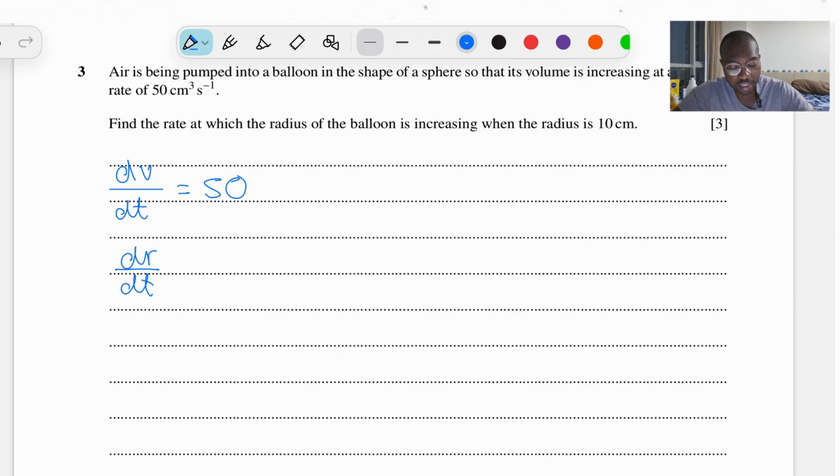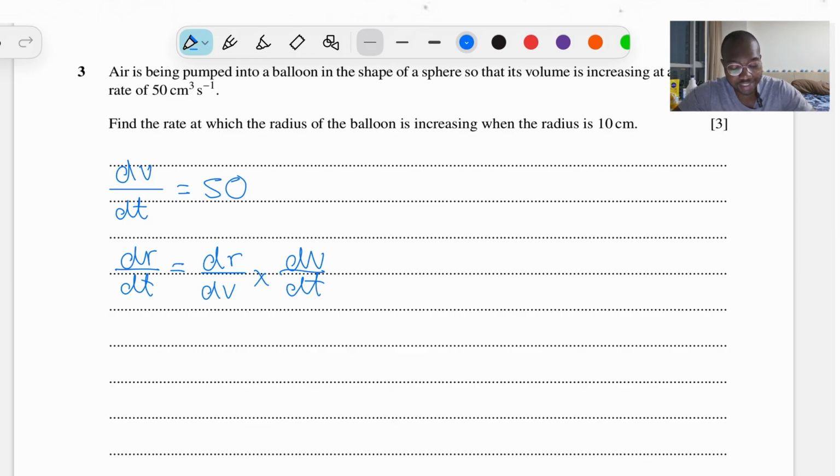Well, for questions like this, we're usually going to have to use previous information, so we know what dV over dt is, and because we know that, more than likely we're going to have to work something out like this, where dr over dV times dV over dt, and that will give us our dr over dt because the dV's would cancel out.